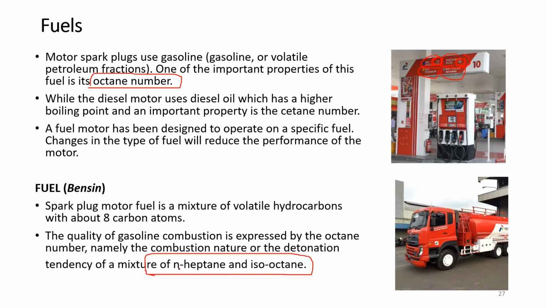Another indication is the higher the octane number, the more compression from the piston the gasoline can withstand before igniting in the engine. In other words, higher octane allows engines to have higher compression ratios.